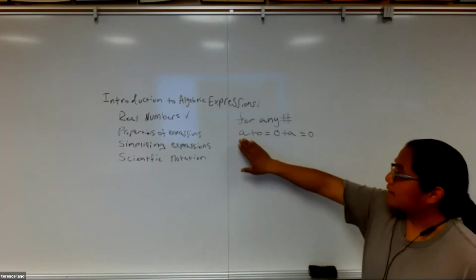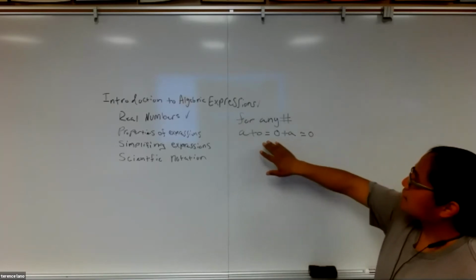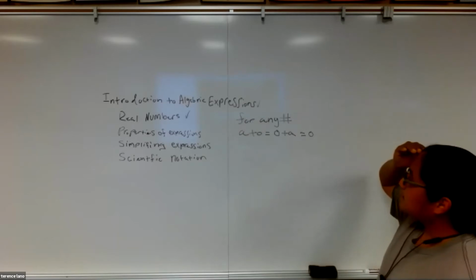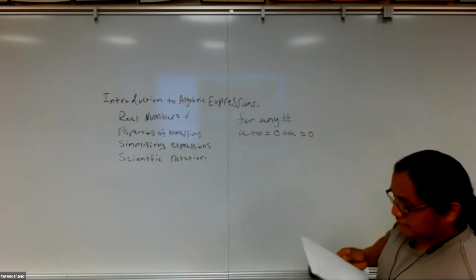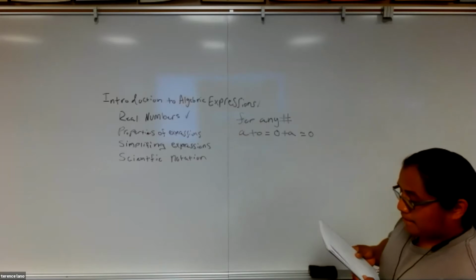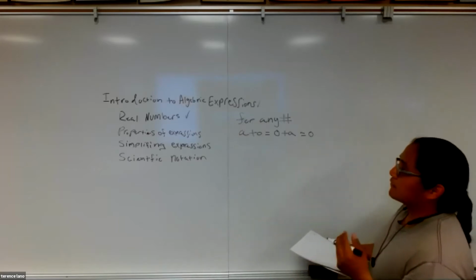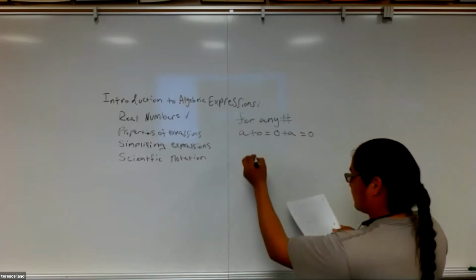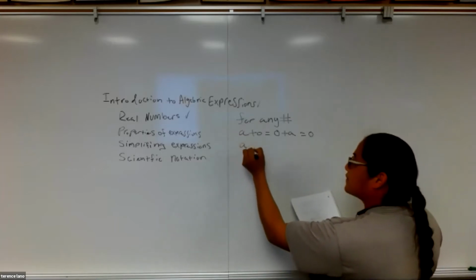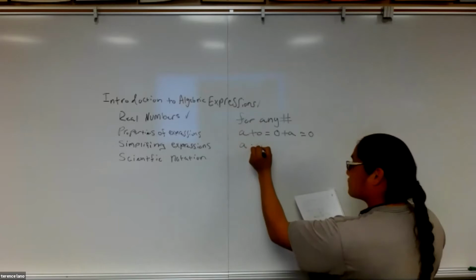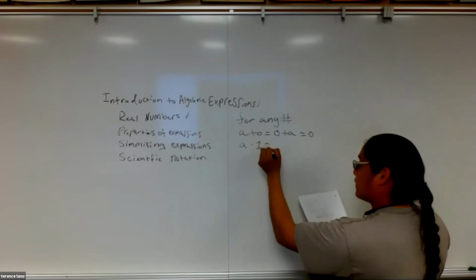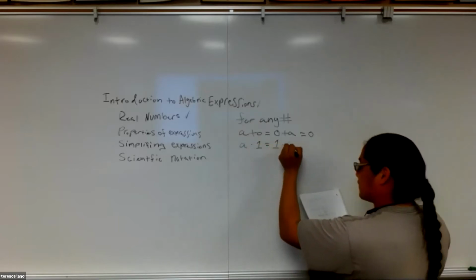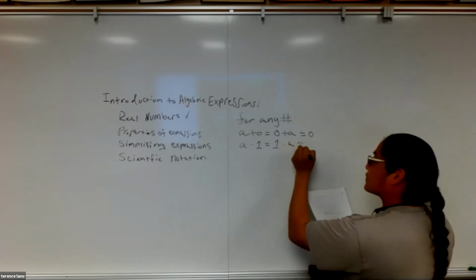If we were to throw any type of number in for a, it's still going to come out the same. They're all going to balance out, and that works the same way when we're multiplying our expressions. It's going to look like a times 1 equals 1 times a equals a.